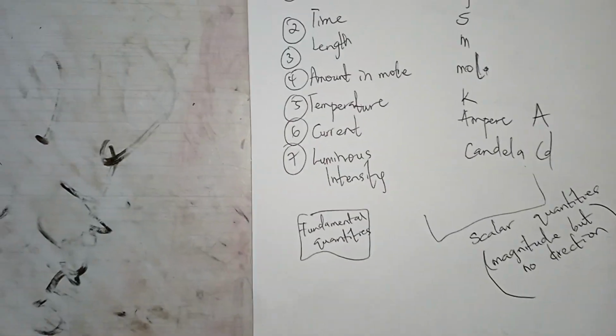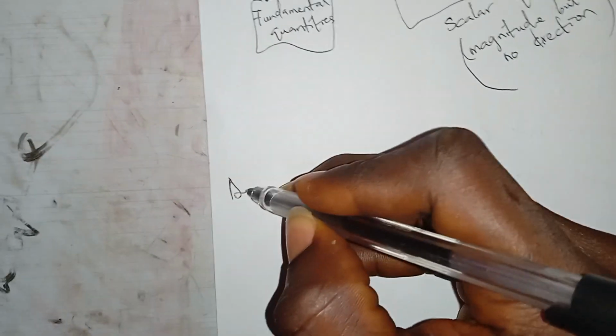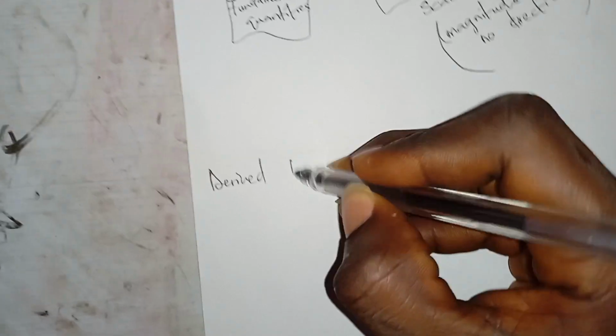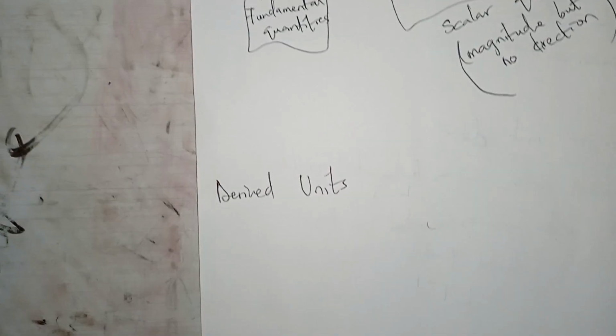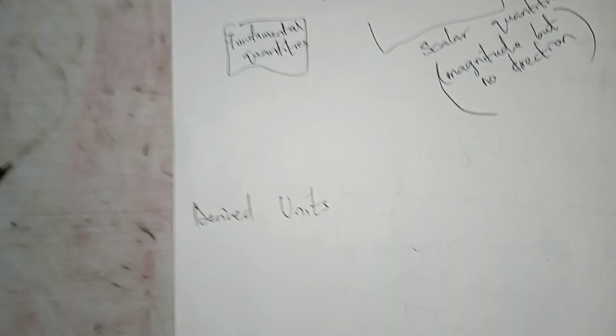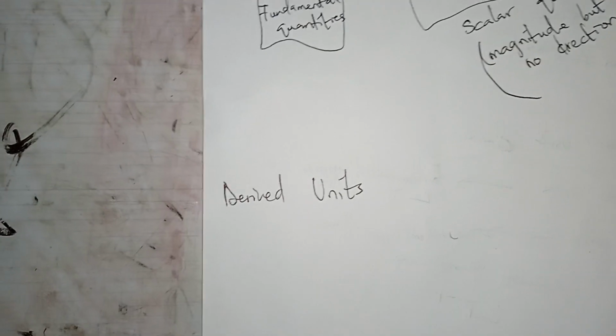So we move to the next one, which is the derived units. You need to know that derived units are units that are dependent on the fundamental units.